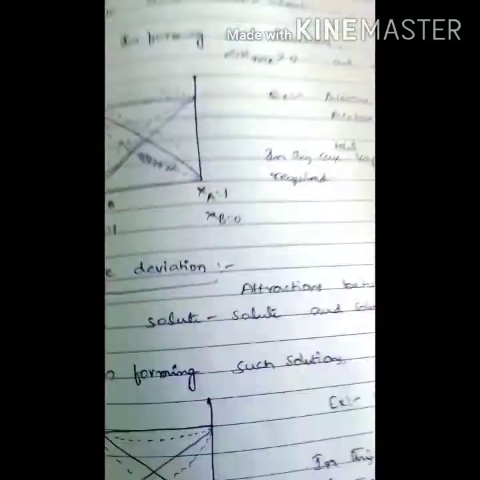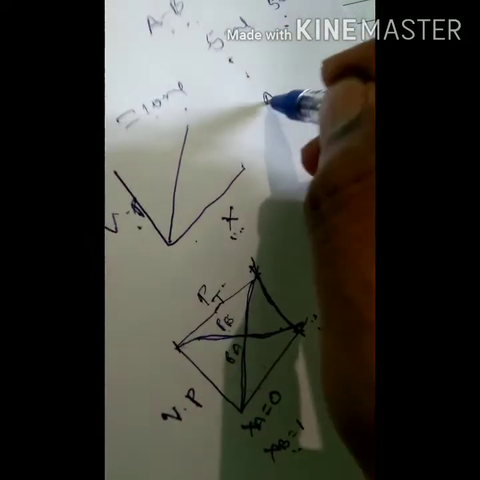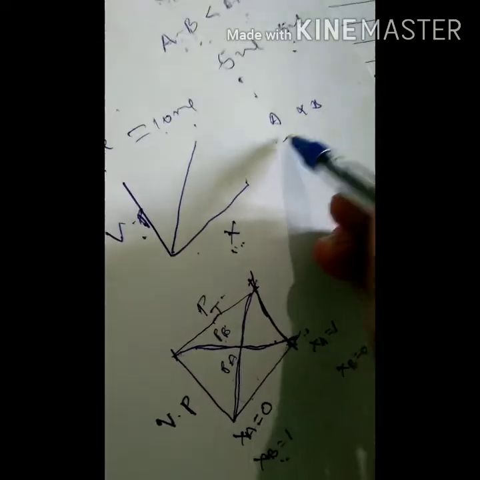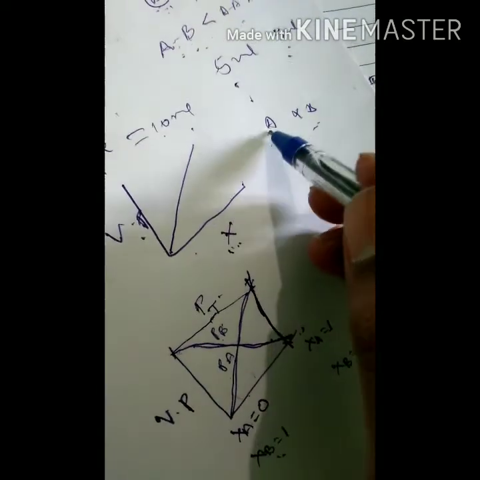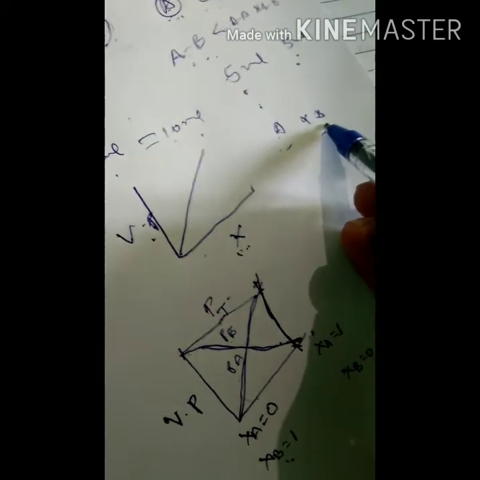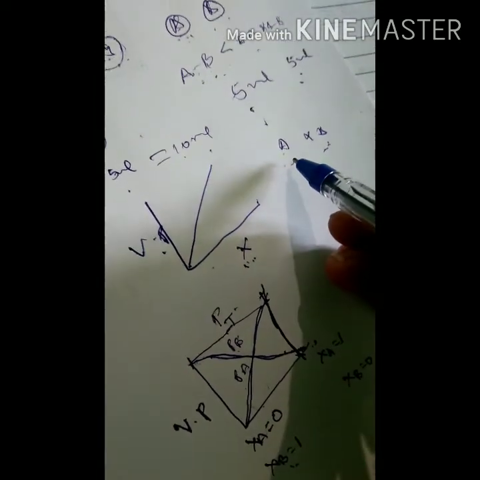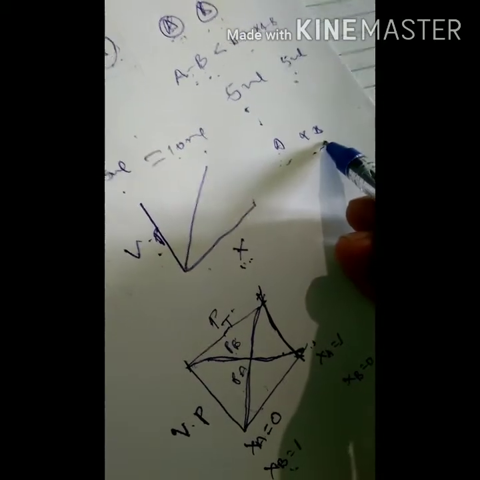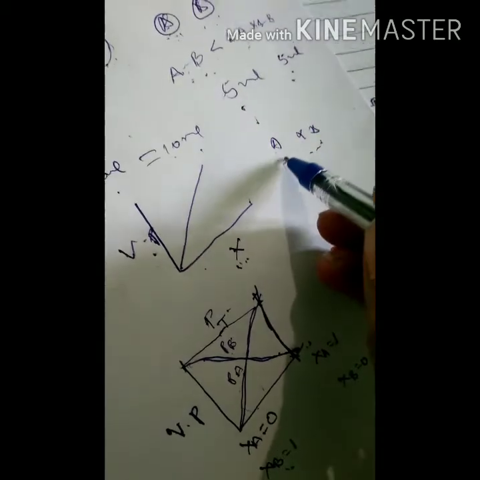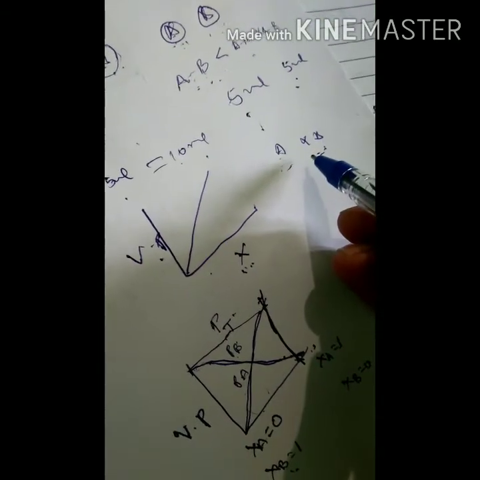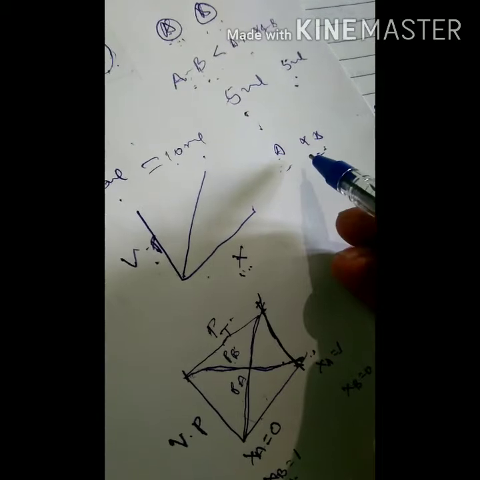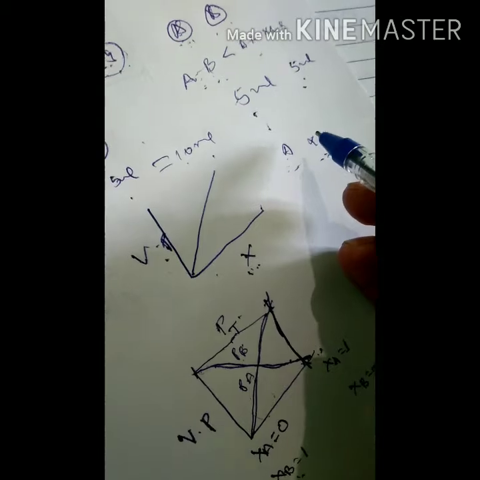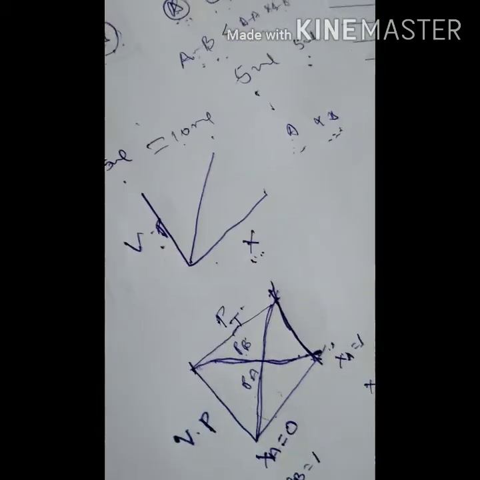That means if I take two liquids A and B, the attractions between A molecules and between B molecules are similar, but when these two liquids are mixed with each other, the attraction between A and B is more than between individual A molecules and individual B molecules. If attractions are more between A and B, then those molecules do not readily undergo evaporation. If they do not undergo evaporation, they exhibit less vapor pressure than expected.